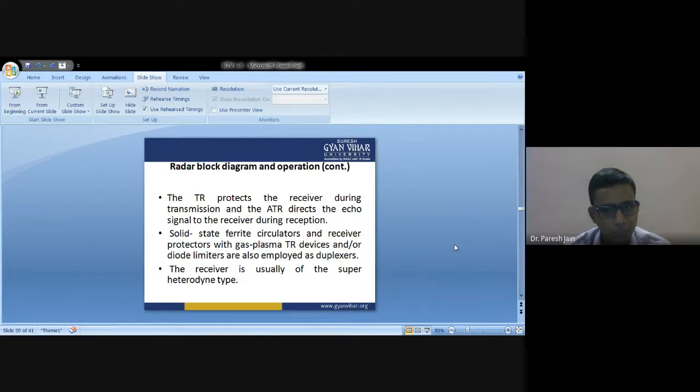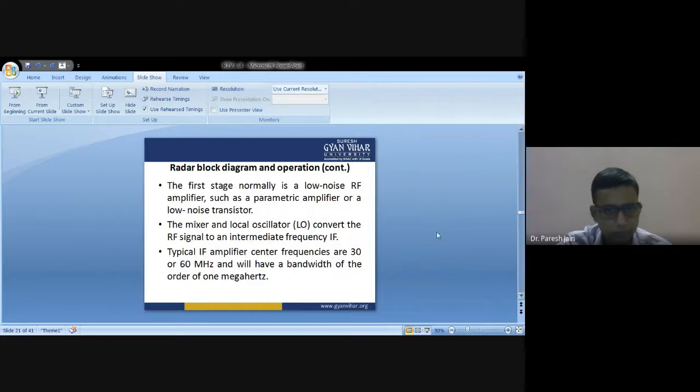The receiver is usually of the superheterodyne type. Means it is the RF type receiver and it is known as a superheterodyne receiver. So in the receiver there will be heterodyne mixing of the signal. The first stage is normally a low noise RF amplifier, such as a parametric amplifier or low noise transistors.